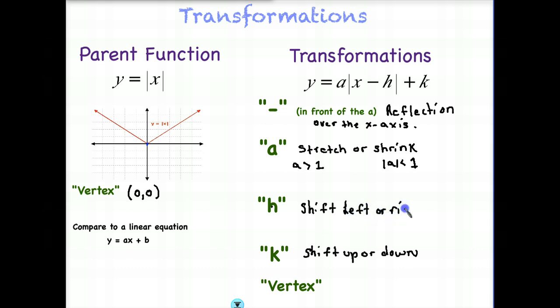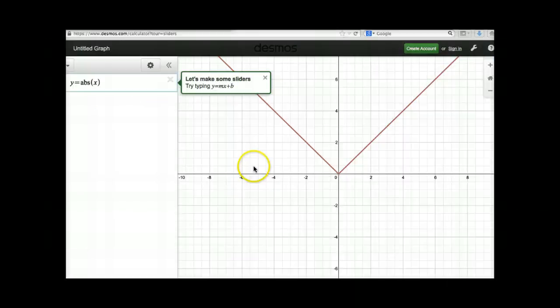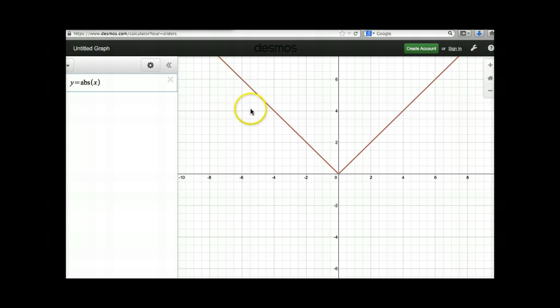And I'm going to show you actually how to determine which way it's going to shift. So let's look at a graph of y equals absolute value x. This is our parent function, and here is the equation over here. Now let's say I go in here, and I'm going to put x minus 2.